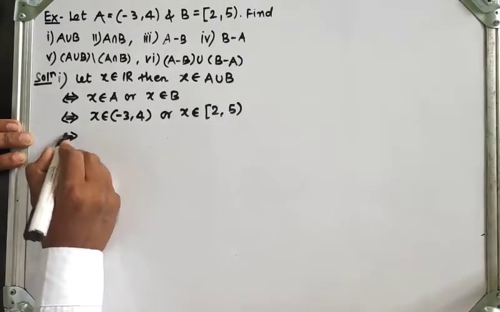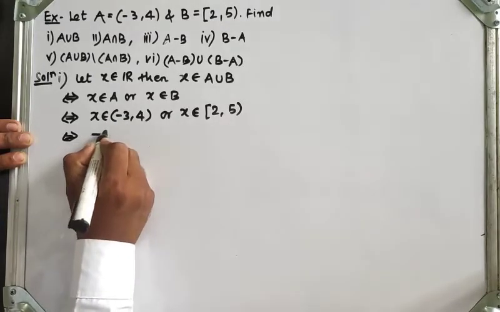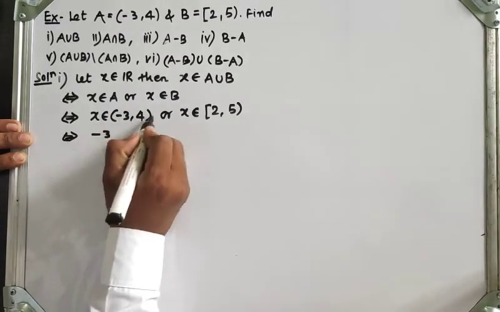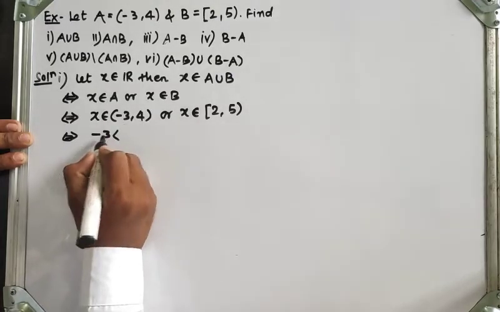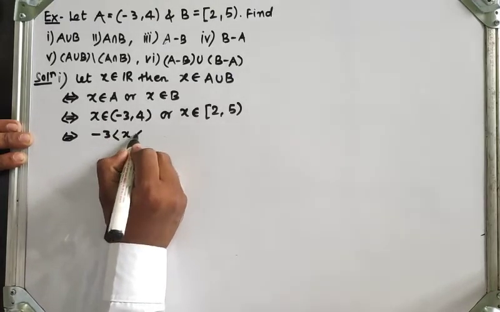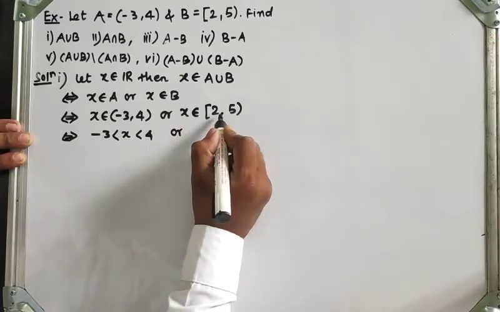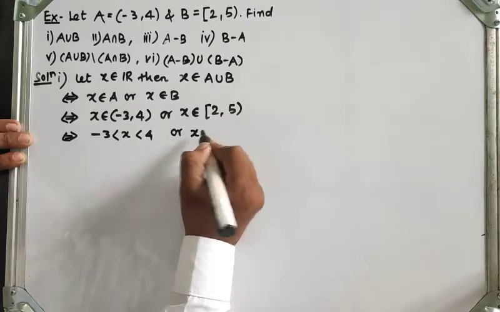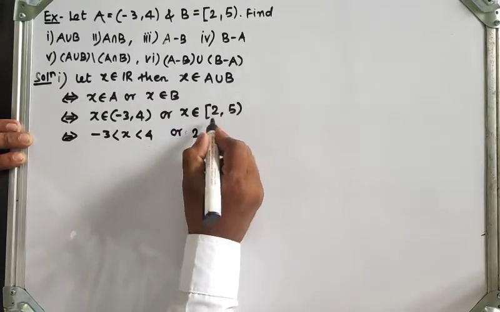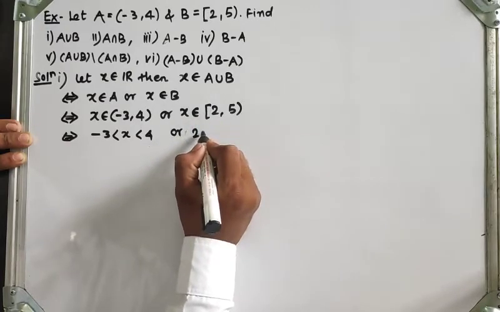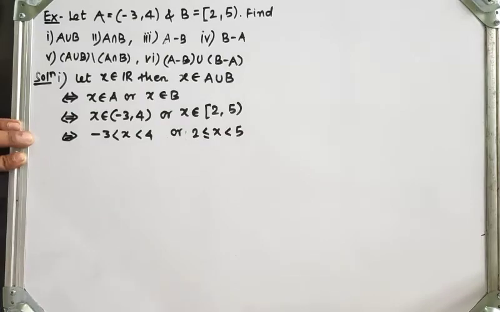What is the meaning of that? x belongs to -3 to 4 means what? -3 here is open interval, so we will take only strictly less than. So -3 less than x less than 4, or x belongs to 2 to 5 means 2 less than or equal to x less than 5.